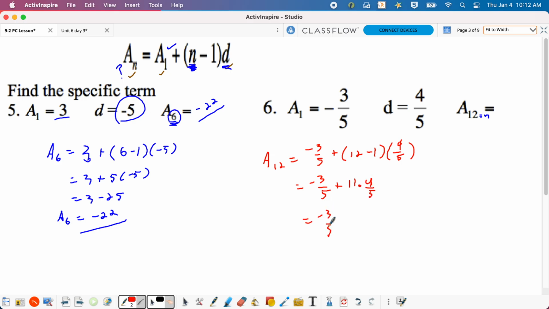I keep going through my math. And I get my 12th term to be 41/5. Make sure when you multiply fractions, if you can cross cancel, do that, but if you can't, multiply across the top and the bottom, and make 11 a fraction if you need to.